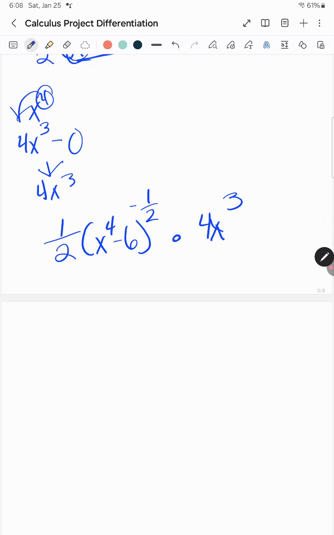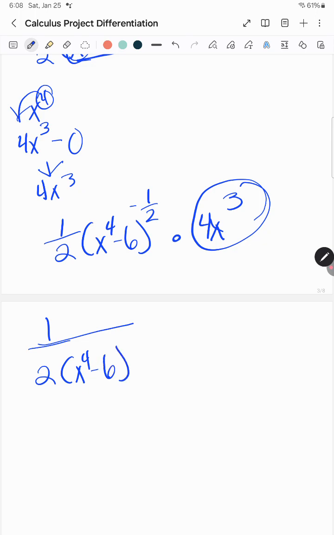So we are going to multiply this 2 times x to the fourth minus 6 times the 1 over here, because we need to get rid of this negative exponent shortly.